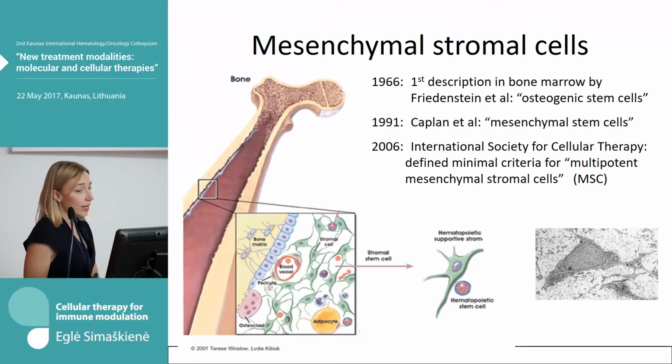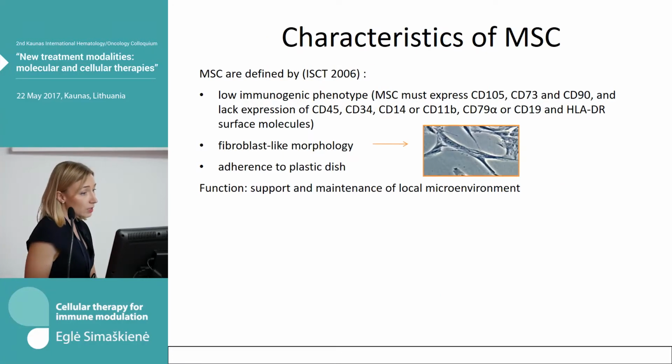The International Society for Cellular Therapy in 2006 defined minimal criteria for these cells. These cells are defined by a low immunogenic phenotype, and they have to have a specific surface antigen expression.